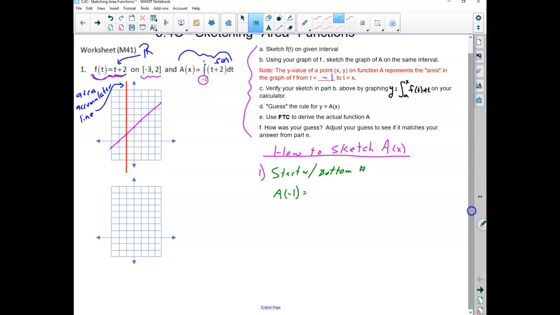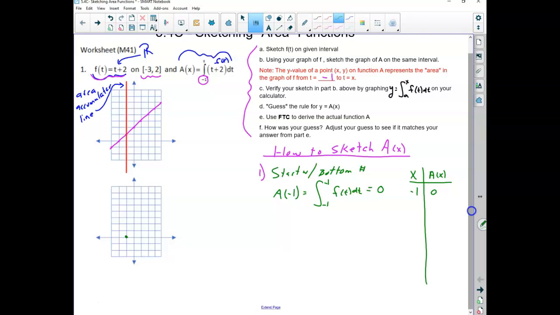And we're going to find A of -1 by taking the integral from -1 to -1 of f of t dt. And what is that integral? Well, it's 0. As I'm moving along over here, I'm going to be putting in an x, and I'm going to be finding a value for A of x. So if I put -1 in, we just figured out we got 0. That's kind of my starting point. So (-1, 0) is what I have down here.